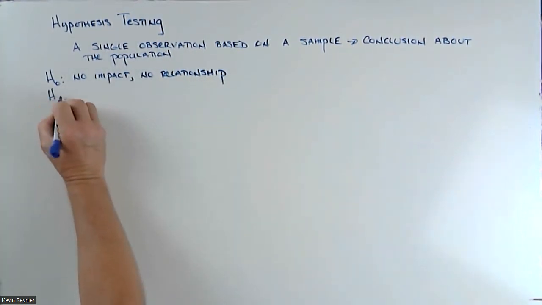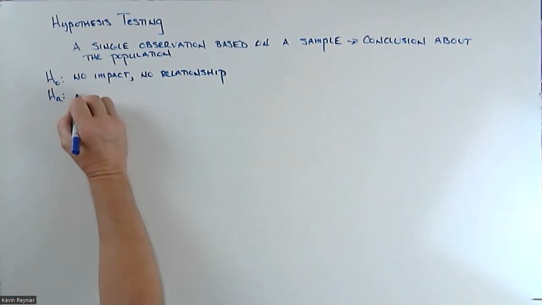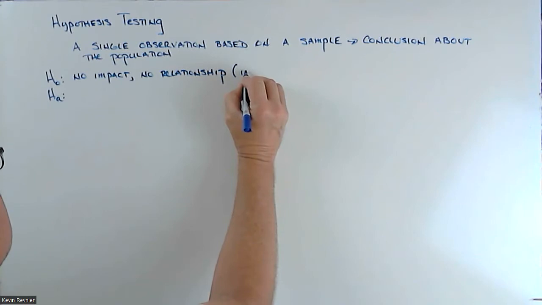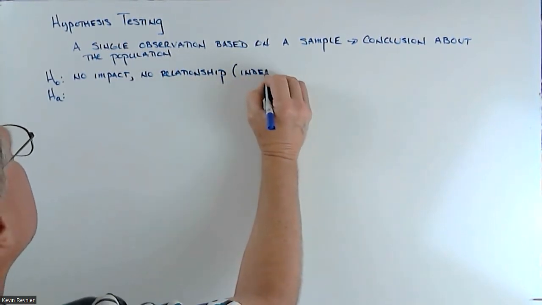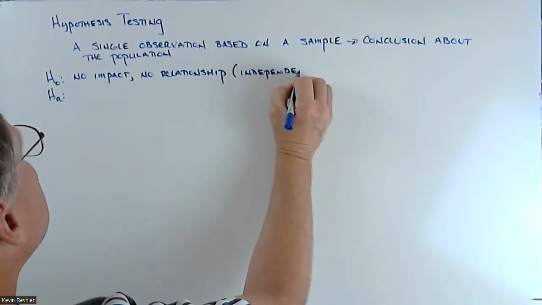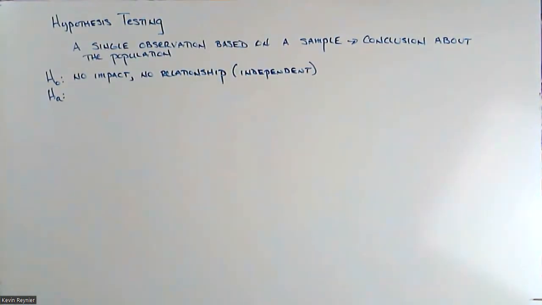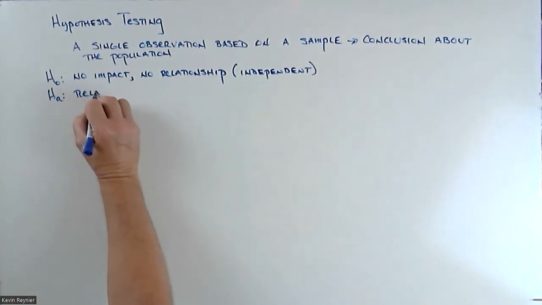And our alternative hypothesis will be that the variables are not independent. Here we're going to say there is a relationship.